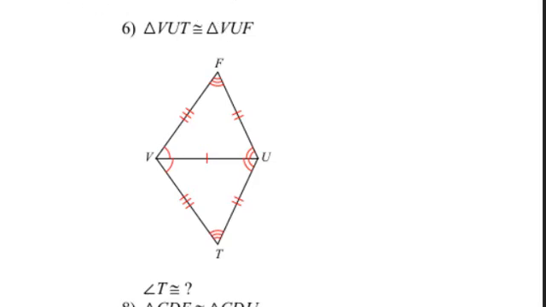Okay, so this congruent statement tells us that VUT is congruent to VUF. And they want us to find out what angle T is congruent to. So we can look in the statement here and find where T is in the statement.